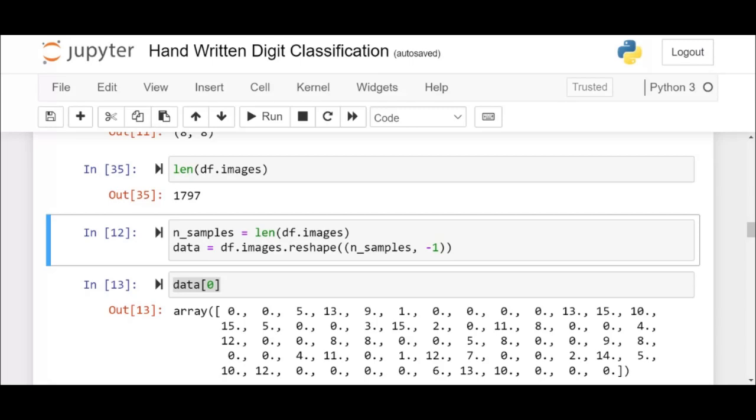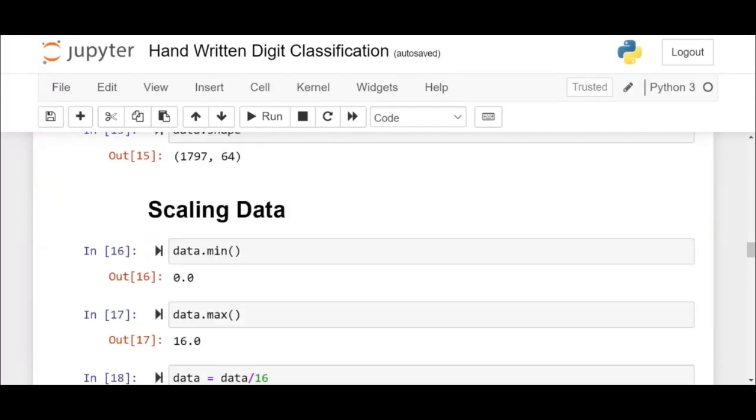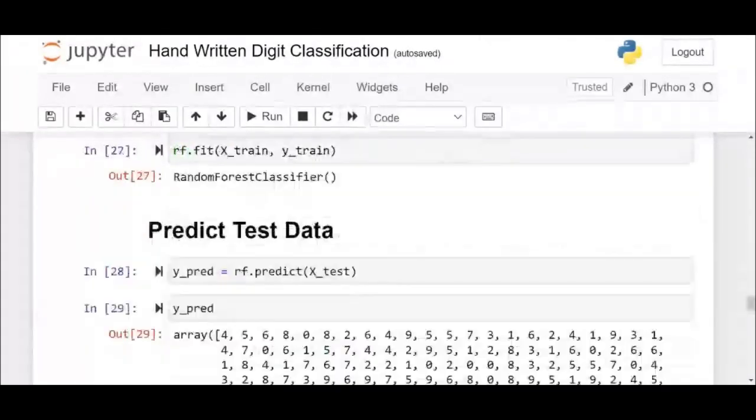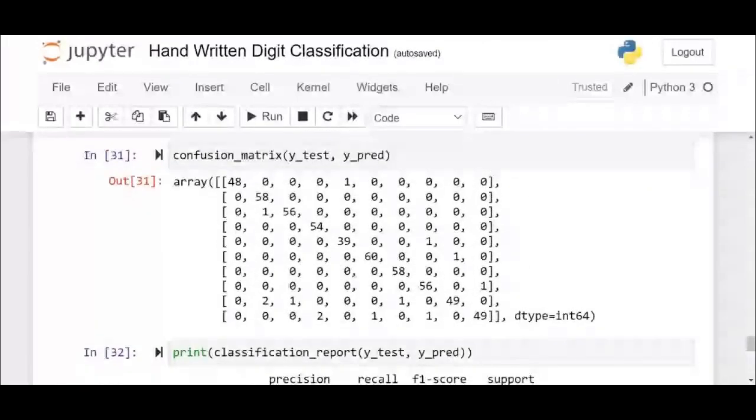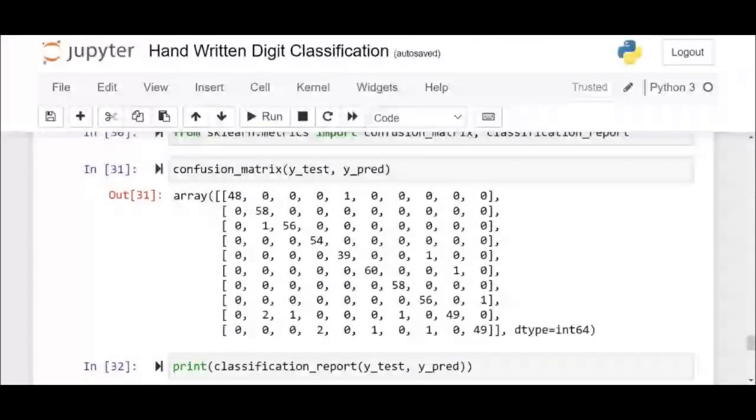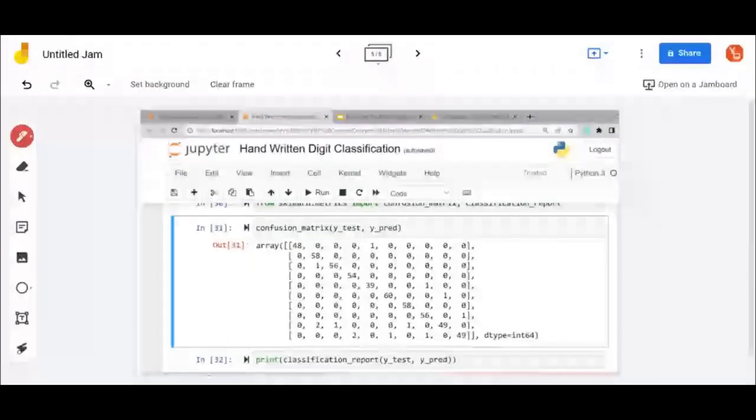Shreya, the confusion matrix gives us the diagonal, and the diagonals are the correct values. This is my 0 through 9, the actual values, and the predicted values are also 0 through 9.